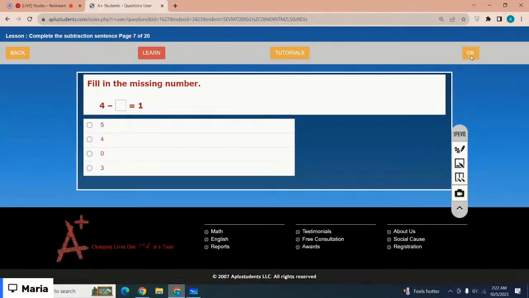Okay, the next one is 4 take away missing number equals 1. So which is the correct option? Which number is missing?